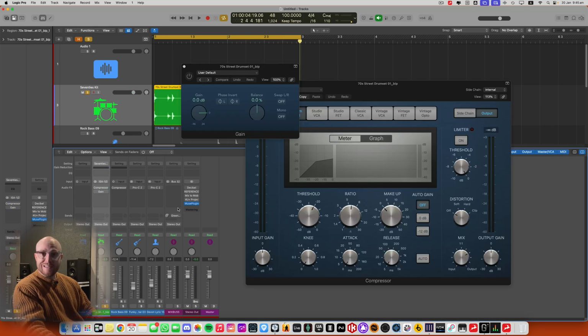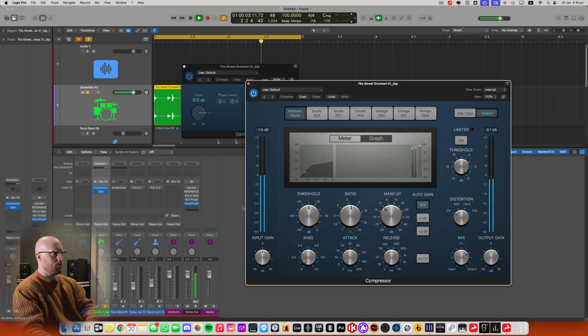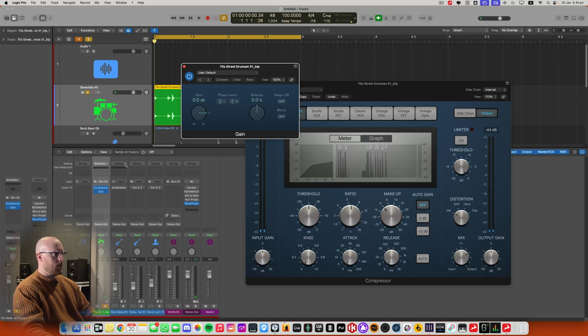Now, I think in order to hear this a little bit better, we should compress this signal more aggressively. So let's pull down another 5 dB. Okay, so now we're compressing much more of the signal. So let's now gain match this.